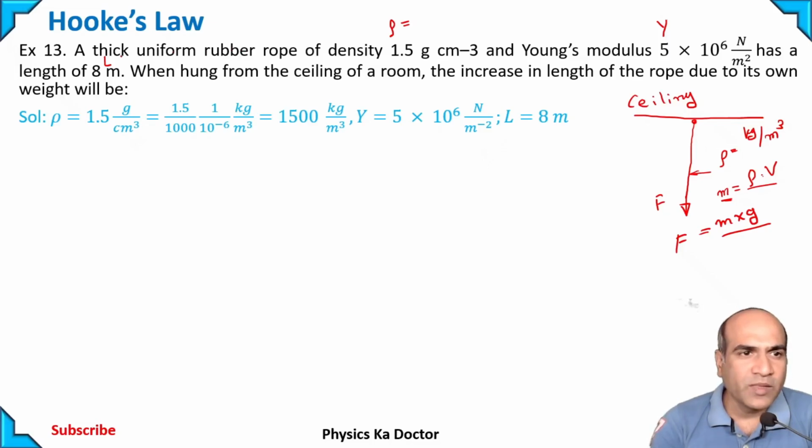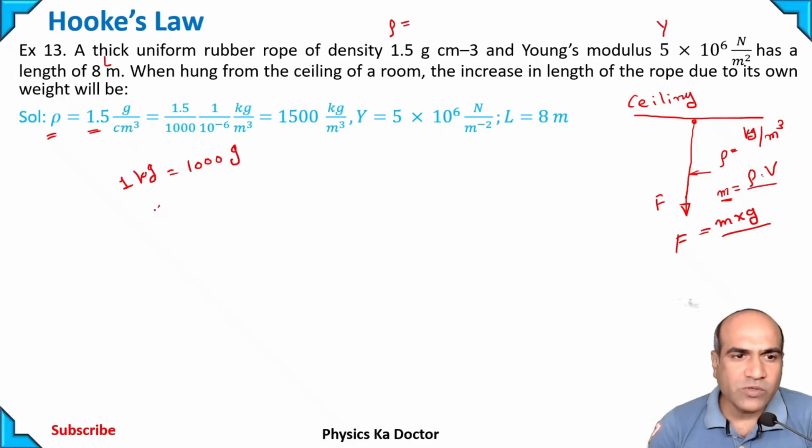So let's repeat again. A thick uniform rubber rope of density rho 1.5 gram per centimeter cube is given. See, if it is given in gram, we need to convert this into kilogram. We know that 1 kilogram is equal to 1000 gram.